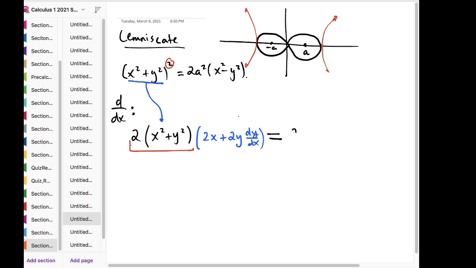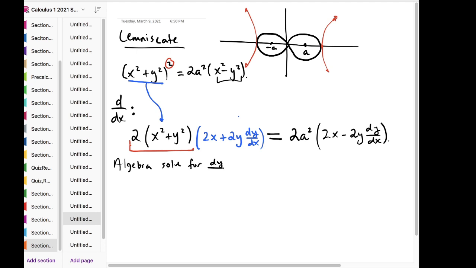Yeah, 2a squared left outside, and the derivative of the rest is 2x minus 2y dy dx. Okay, so after we've written this first line, the rest is just algebra. So we're done with the calculus.